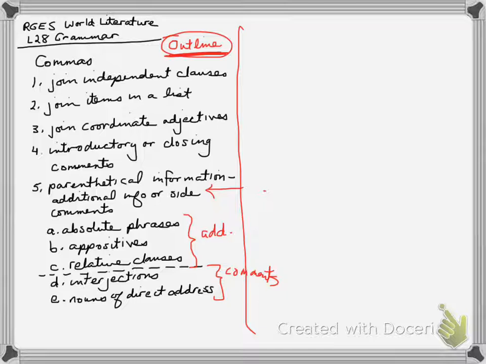Now, for each of these, you want to be able to create that outline. That's number 1. Number 2 is you want to be able to give an example for each, in writing, properly punctuated.